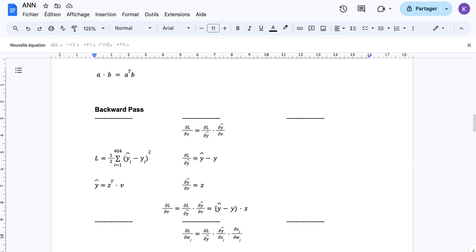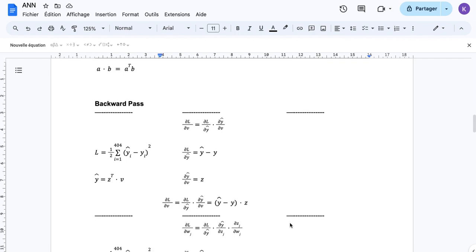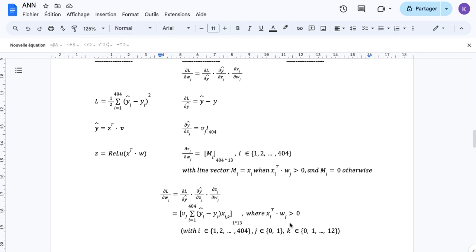We have just calculated the partial derivative of our loss function with respect to the weight vector of the output layer. Moving down one layer and applying the chain rule, the partial derivative of the loss function with respect to the weight vector of one of the hidden layer's neurons is equal to the dot product between the partial of the loss function with respect to y hat, the partial of y hat with respect to the output of the concerned neuron, and the partial of the output of the neuron with respect to its weight vector.